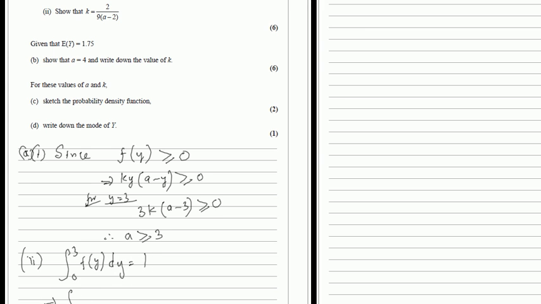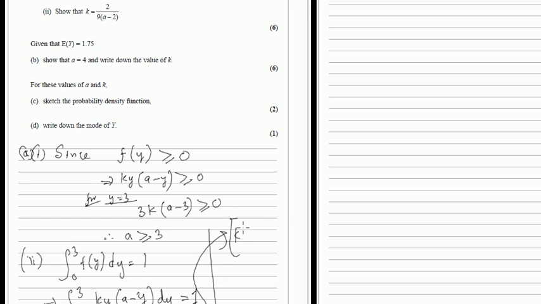So we have the integral from 0 to 3 of k y(a − y) dy equals 1. So that means 0 to 3, k is the constant, it would be (ay − y²) dy equals 1. So let's integrate this.